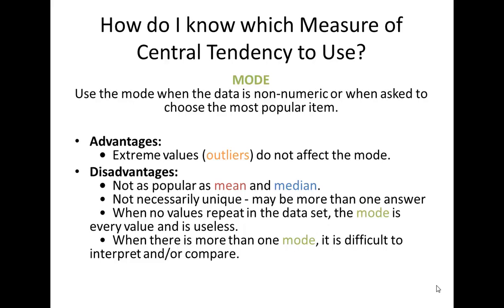It's not necessarily unique. There may be more than one answer. When no values repeat in the dataset, the mode is every value and is useless. When there is more than one mode, it is difficult to interpret and/or compare. You may want to pause the video and record this information in your notes.